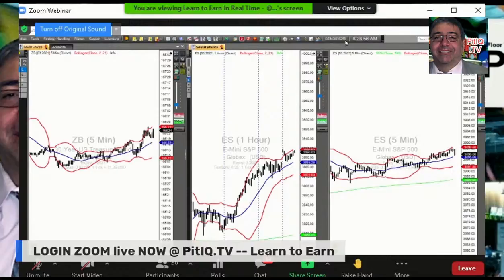Pivot 38.96. Support 87. 80. 74. 68. 61. Resistance at 01. 09. 15. 21 and 28. All right.